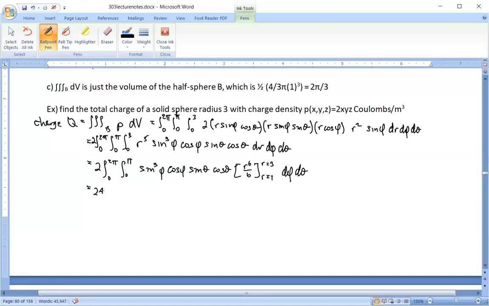So you'll wind up with 243 as a constant, and then with all the trig functions intact.